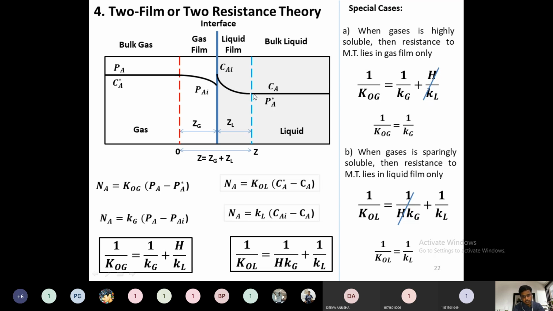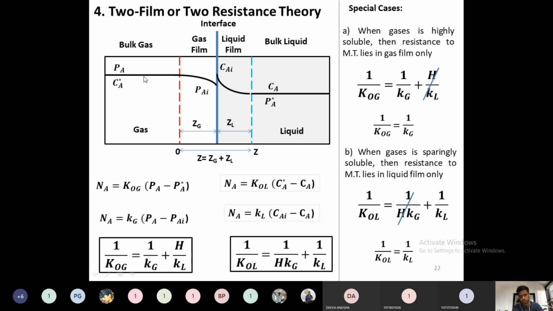Apart from this film, no concentration gradient is there. Everywhere else the concentration is linear, a straight line. The concentration of A in the liquid phase is a straight line after the film thickness ZL. Also in the gas phase, the concentration of component A, PA, is uniform throughout and not changing at all.